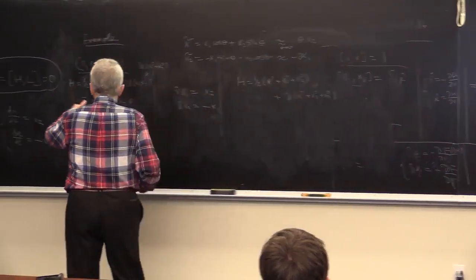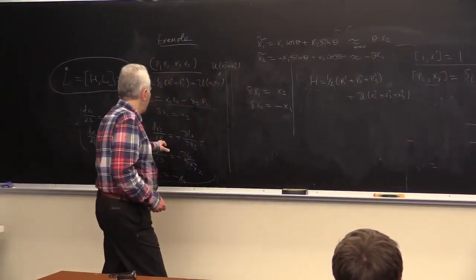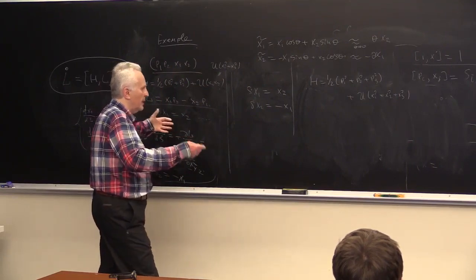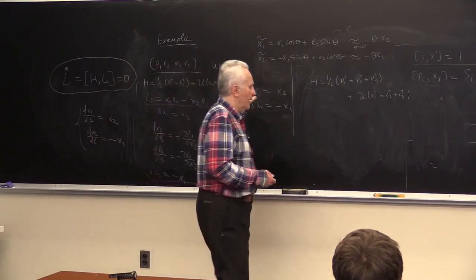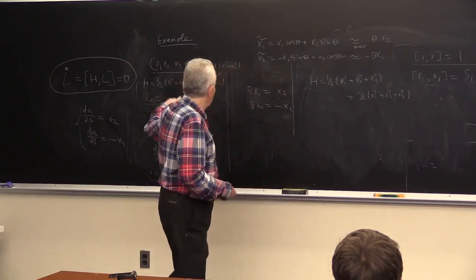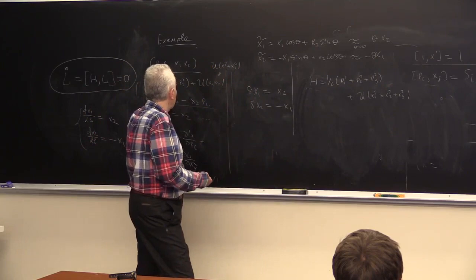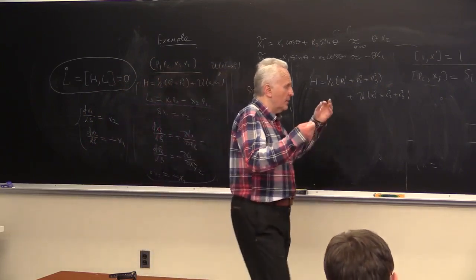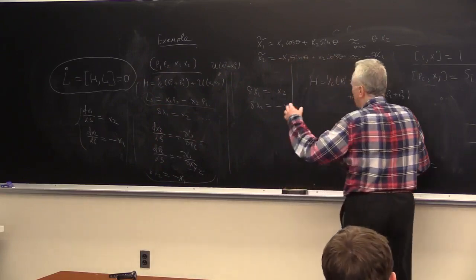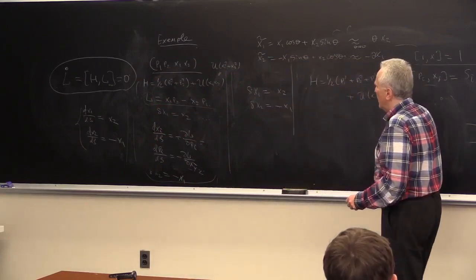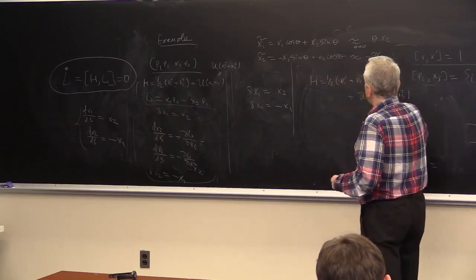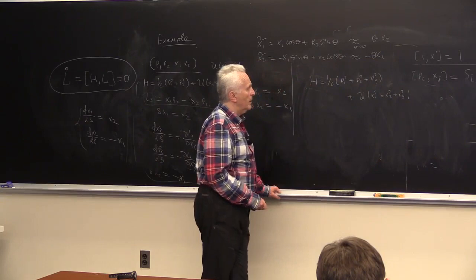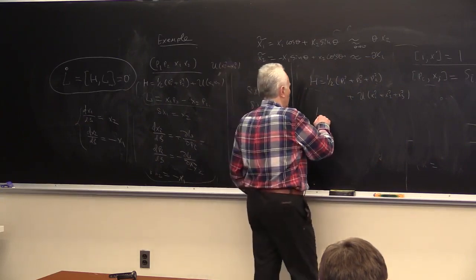Notice, by the way, that these things can be interpreted as a multi-time picture. You have time, canonical time defined by the Hamiltonian, but you also have other, so to say, times defined by other generators.